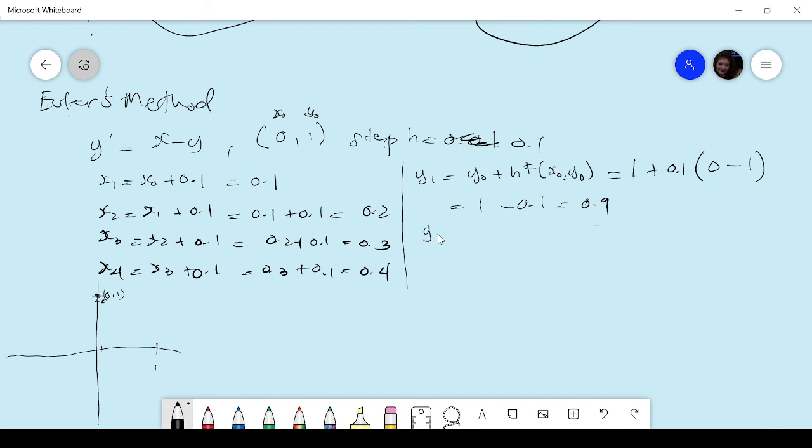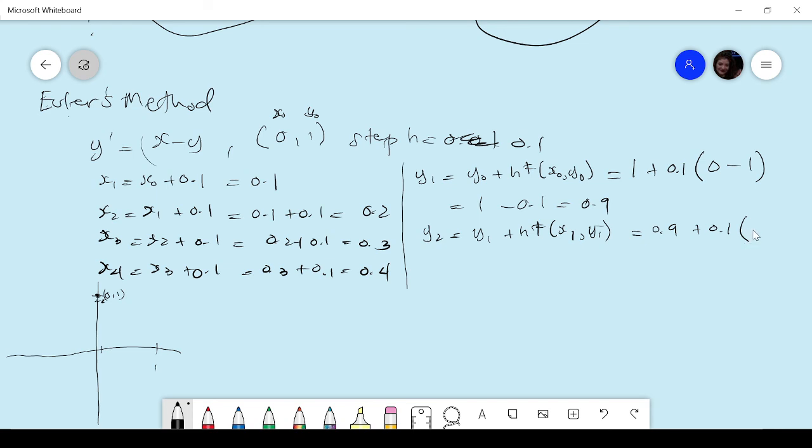Then, your third point, y2, will be equal to y1 plus h times f of x1 and then y1. So your y2 now is 0.9 plus 0.1 times this one, evaluated at x1, y1.